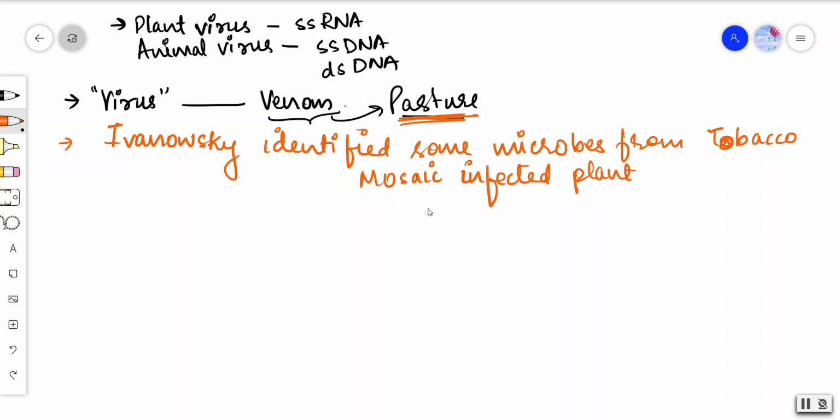Okay, tobacco mosaic infected plants. Later, when these microbes were studied, he found that they are smaller than bacteria, but they do not have a cellular structure.